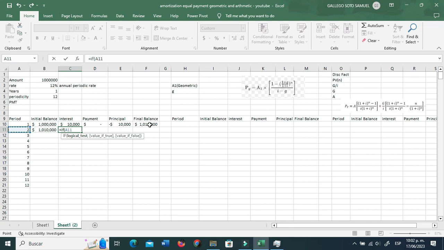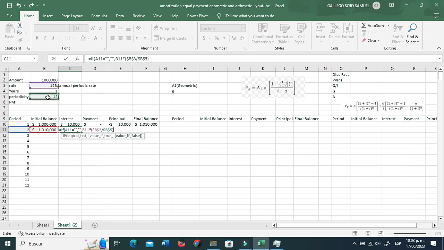Then we're going to do the same stuff over here. If this value is blank, then leave it blank. If not, this times the interest rate divided by the periodicity. We're going to look that up too.